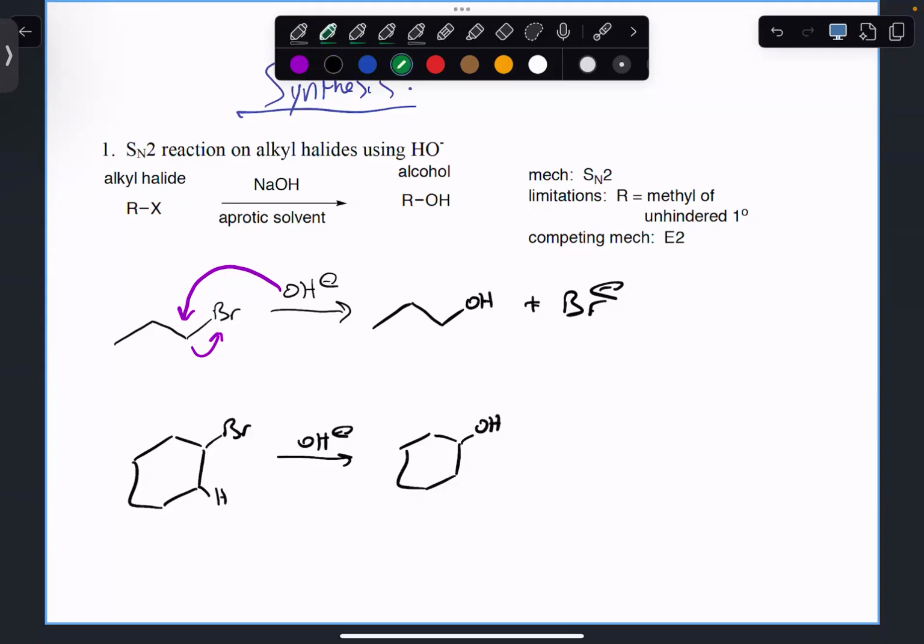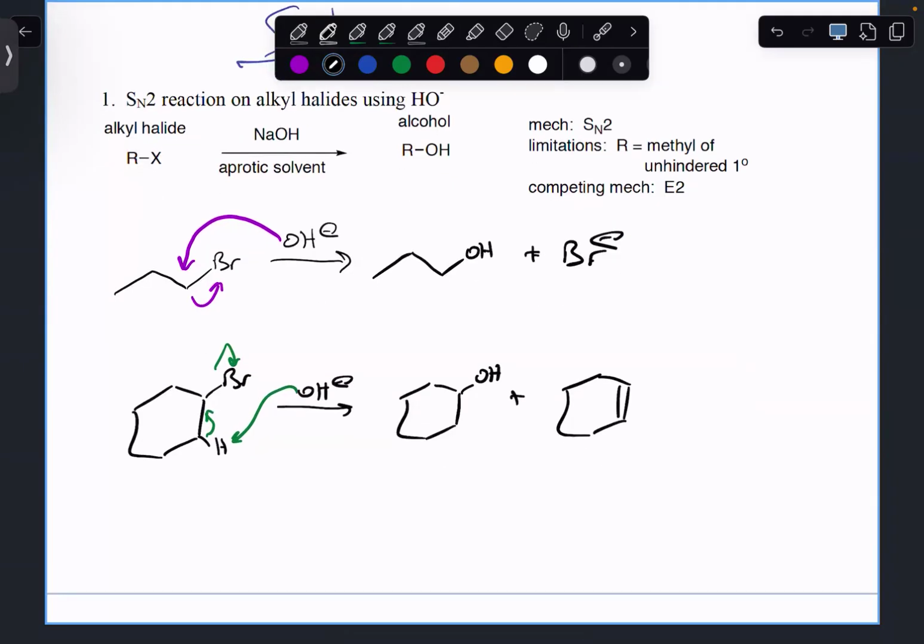And so this could just as easily come in and grab the adjacent proton and kick out the halide that way, giving you the E2 product. And in fact, when you have these secondary halides, the E2 predominates by kind of a lot, actually. I'll give you some data on this. You'd see about 85% E2 here. But not a great way of making alcohol.